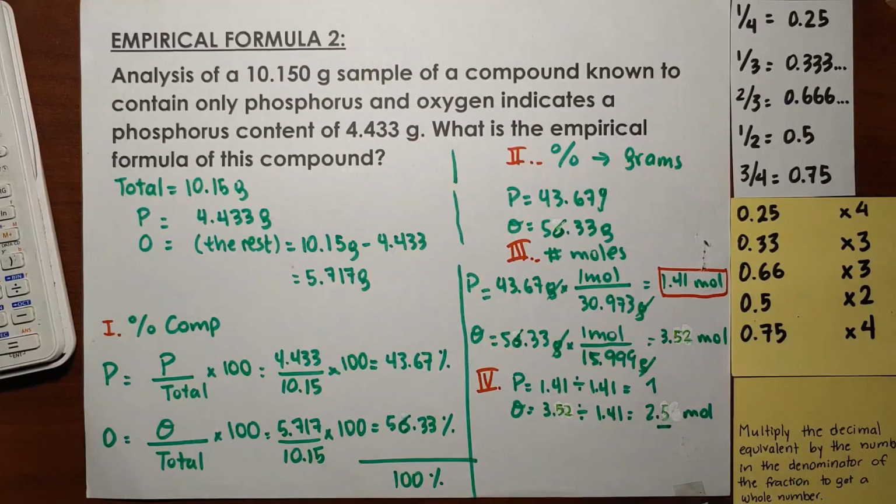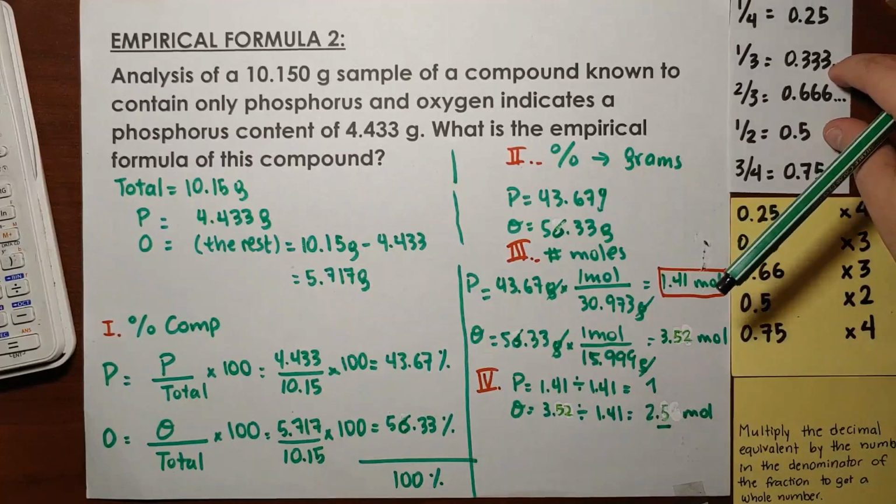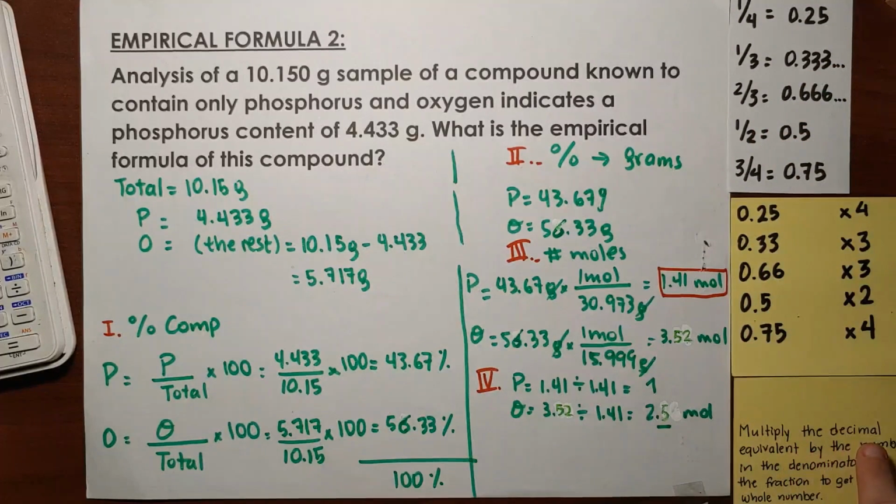Okay, so that means that here you're going to be looking for that decimal part. As you can see, 0.5 is here, and it's a fraction of 1/2. Multiply the decimal equivalent by the number in the denominator. The number in the denominator in 1/2 is 2, in order to get a whole number.